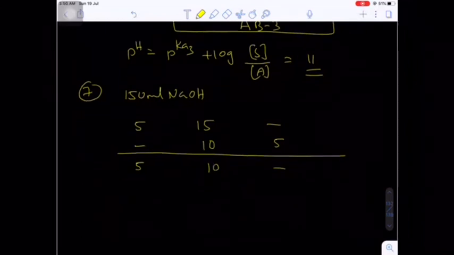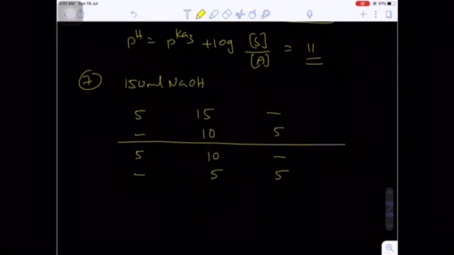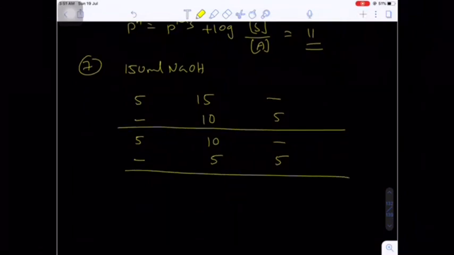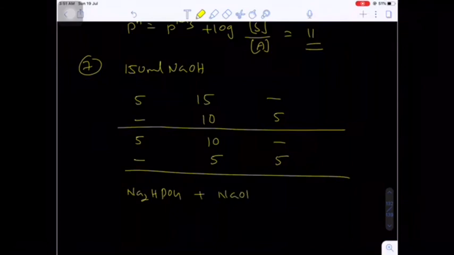Okay, now here 5 millimoles of sodium dihydrogen phosphate, 10 millimoles of NaOH. Now the sodium dihydrogen phosphate is completely neutralized, and 5 millimoles of NaOH will be present, and 5 millimoles of disodium hydrogen phosphate will be present.